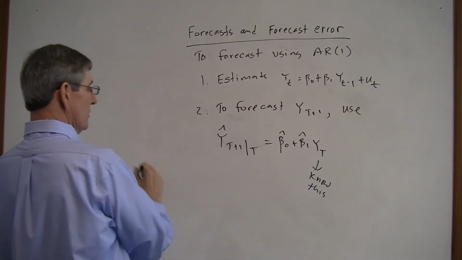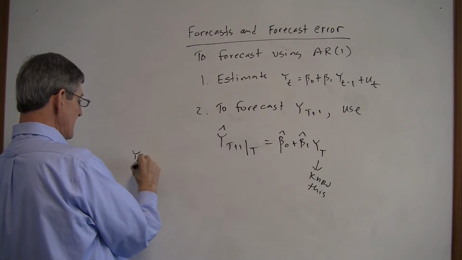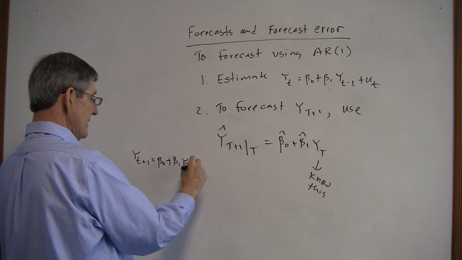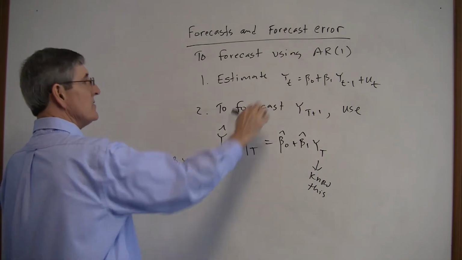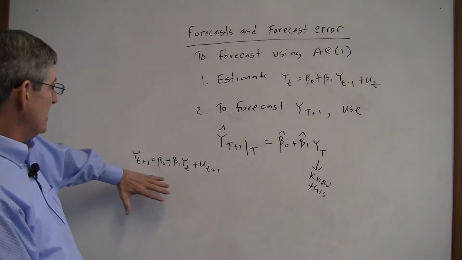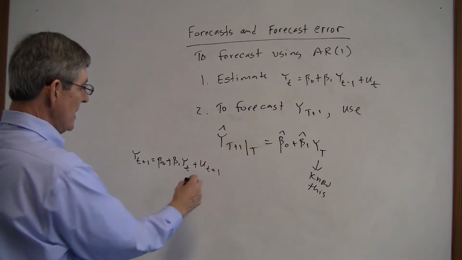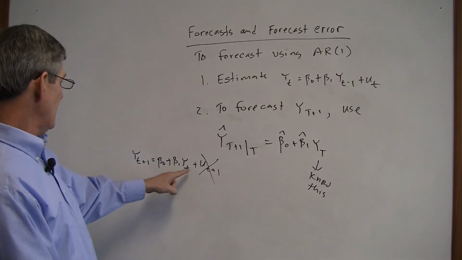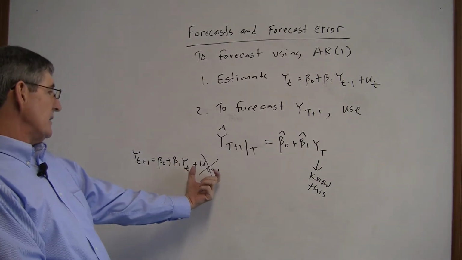The equation would be yt plus 1 equals beta naught plus beta 1 yt plus ut plus 1. You can just forward everything, all the t's, one period, and you get this. Then you can use this as your basis for your forecast. You don't know ut plus 1. You never know the errors. You don't even have an estimate of it. But you can use the expected value of that, 0.